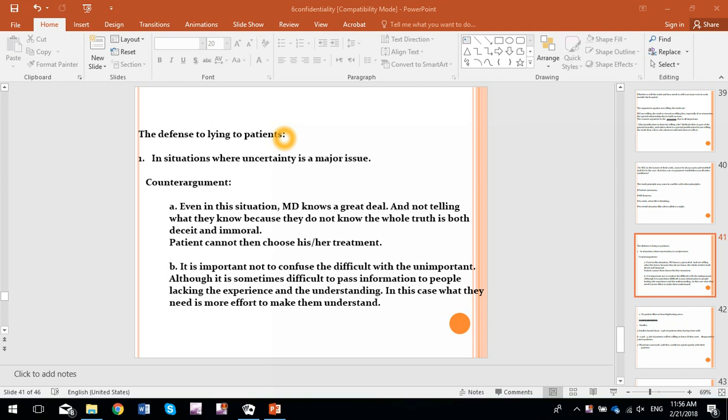Now, we need not to confuse between these two things: what is difficult to understand and what is unimportant. If it is unimportant, that's okay, but if you assume that it is difficult for the patient to understand, this is not ethical, because although it is sometimes difficult to pass information to people lacking the experience and the understanding, in this case what they need is more effort to make them understand.